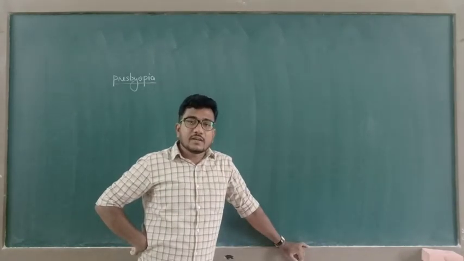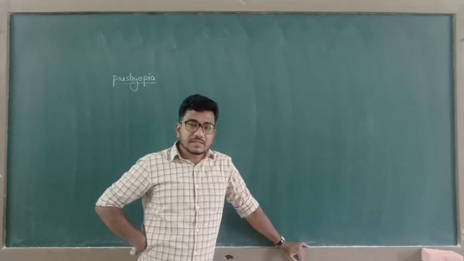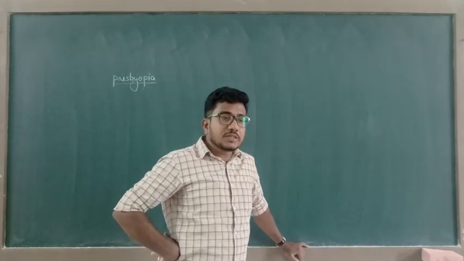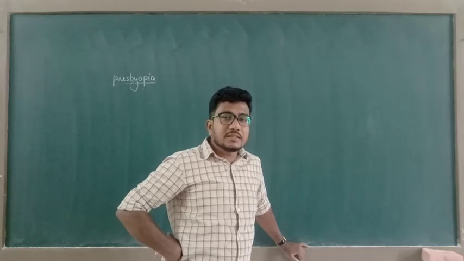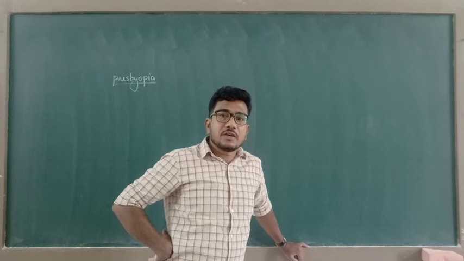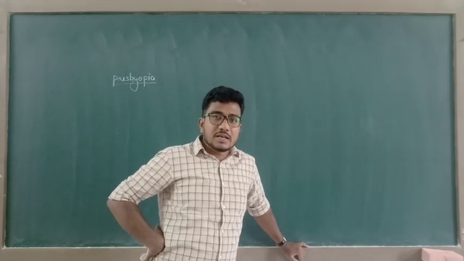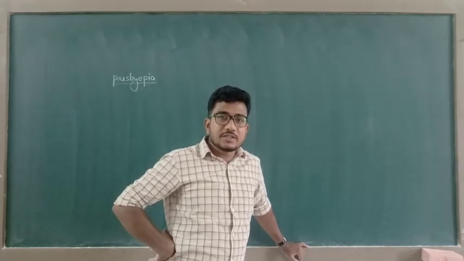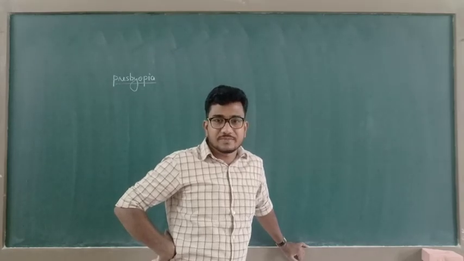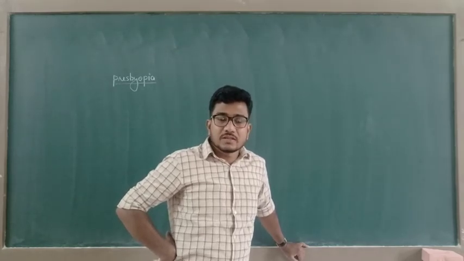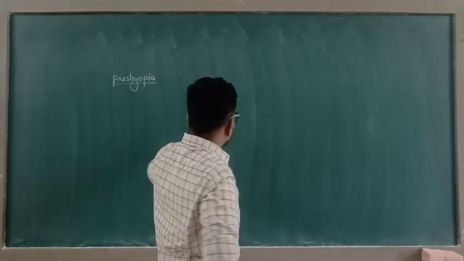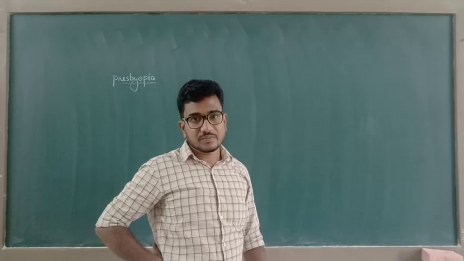So in an elderly person, the image of an object that lies at the least distance of distinct vision appears blurred. This eye defect is known as presbyopia.